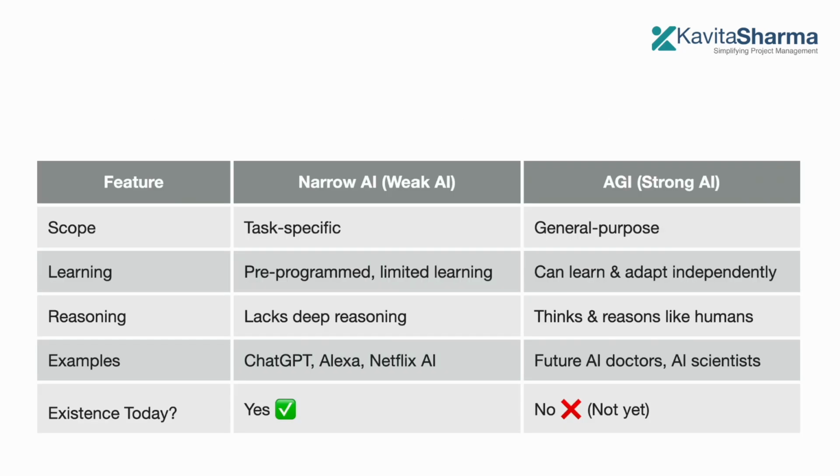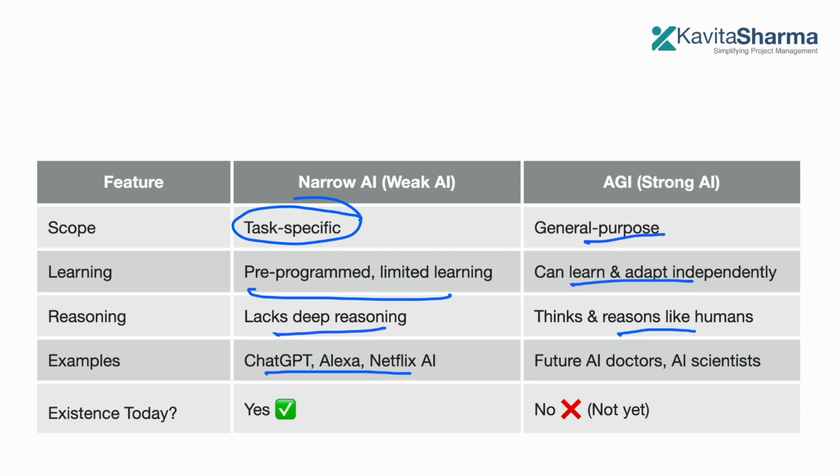So if I have to see the differences, weak AIs are task specific and AGIs or strong AIs are general purpose. Weak AIs are pre-programmed and have limited learning. AGI should be able to learn and adapt independently. Weak AI does not reason, but AGI should be able to reason like humans. Examples of weak AIs as of today: ChatGPT is growing.